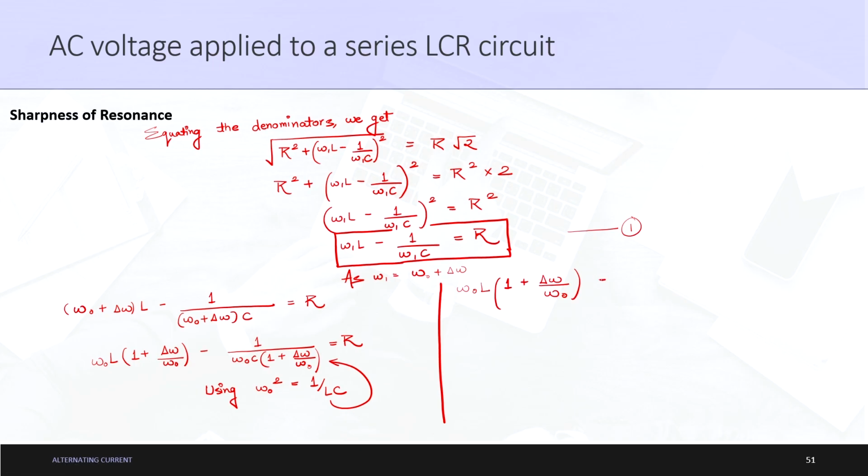I am keeping the first part the same, but in the second part, if I write omega naught square as 1 upon L C, I will get omega naught L upon (1 plus delta omega by omega naught). Okay. So, just mathematical calculation is involved here. I did nothing complex, I am just equating omega naught square as 1 upon L C here.